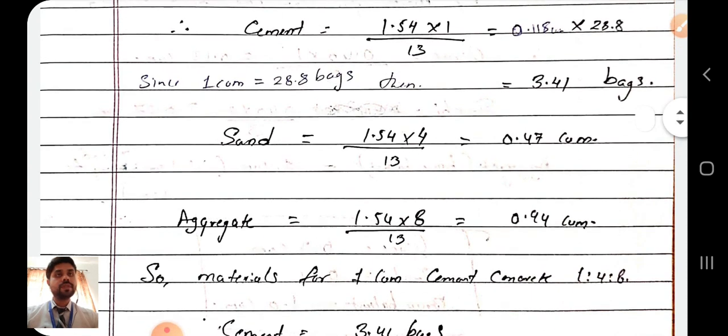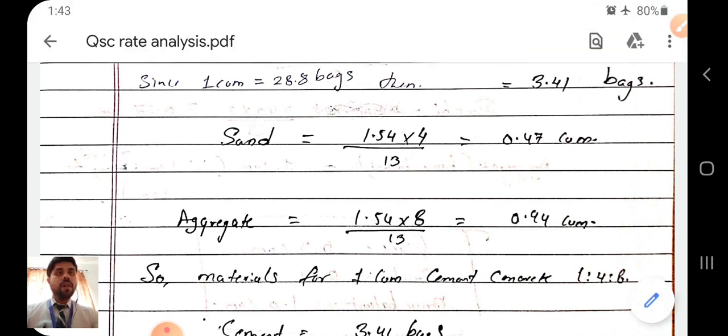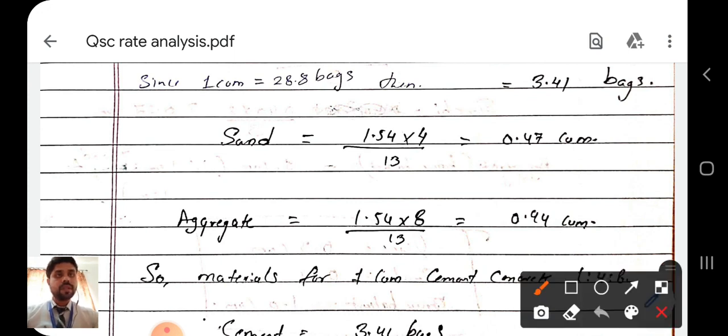Now, the second thing which we have to calculate is sand. As we have calculated the quantity of cement, similarly sand is also calculated here. You can see 1.54 is the dry volume, and 13 is the total sum of the ratio, and then it is multiplied by the ratio of that material.